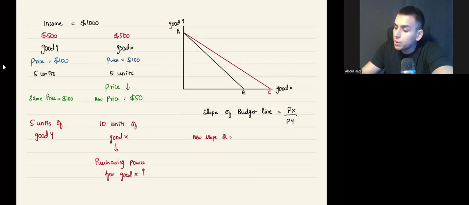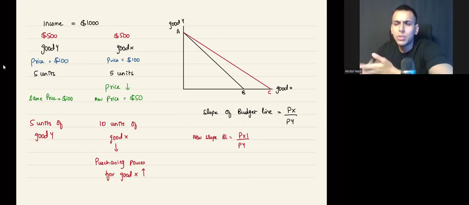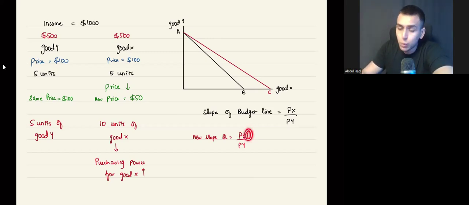So my slope of budget line will change from Px over Py to Px1 over Py or Px2 over Py, whatever you want to write. It's your choice. This one is representing the change in budget line that is occurring due to decrease in price level for good X. Everything clear up till now?